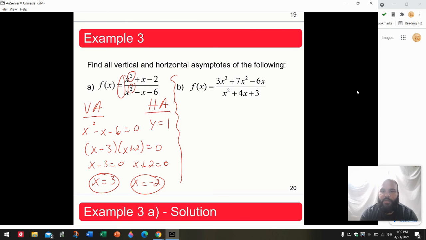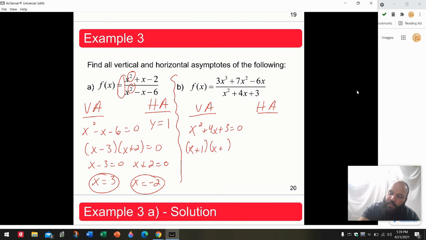Now the last one we're going to try, we will also find the vertical asymptote and the horizontal asymptotes. And same thing, set the bottom equal to 0 first. x squared plus 4x plus 3 equals 0. This one will factor as well. You can see we need 2 numbers that multiply to give me 3 and add to give me 4.